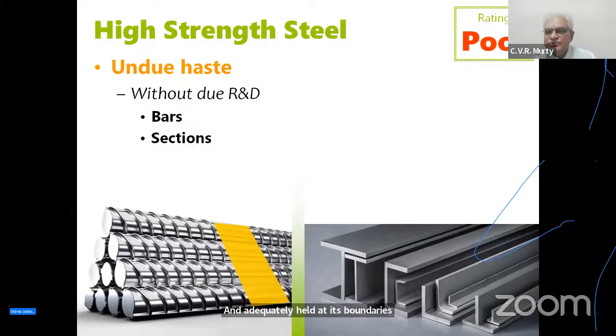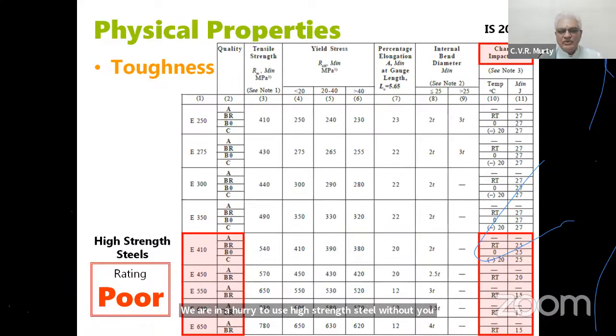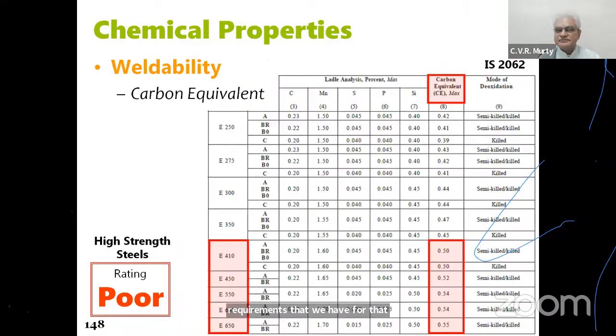One thing I will use to close the discussion today, we are in a hurry to use high strength steel without due R&D. And this is applicable to both bars and sections. I look at the toughness values for high strength steel. They don't meet the requirements that we have for ductile structures, and in the Indian standard itself, we have weldability with carbon equivalent shooting up beyond 0.5.